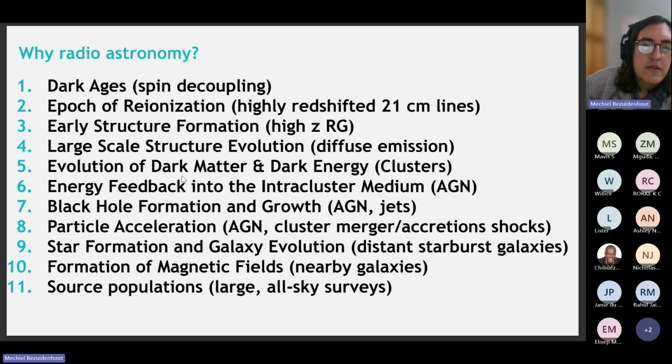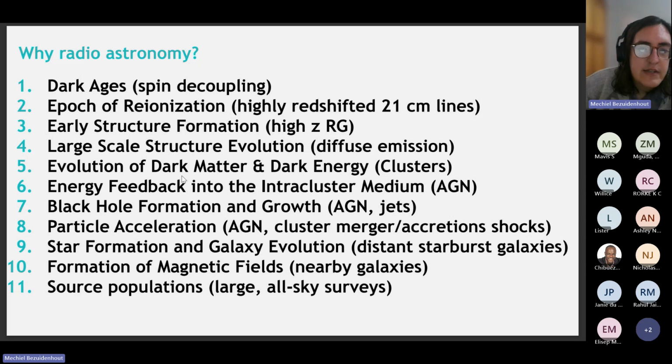You can study the formation of those early structures by studying high redshift radio galaxies. You can study the evolution of the universe on a large scale by studying diffuse emission. You can look at how dark matter and dark energy might evolve by looking at clusters of galaxies and stars.